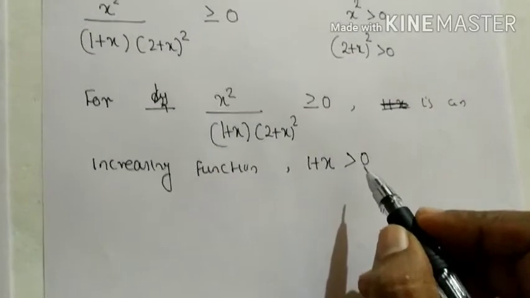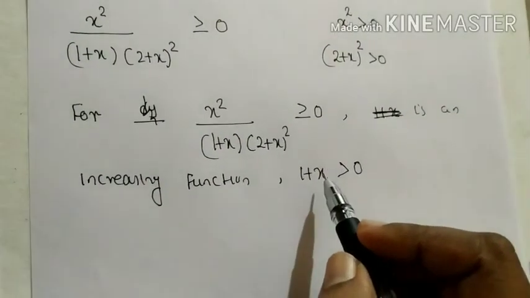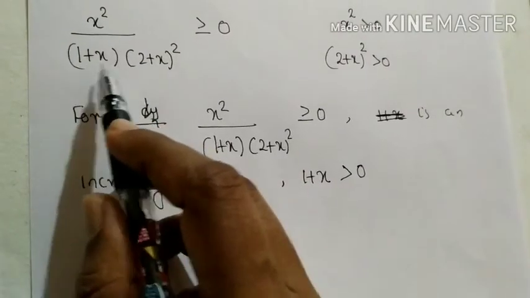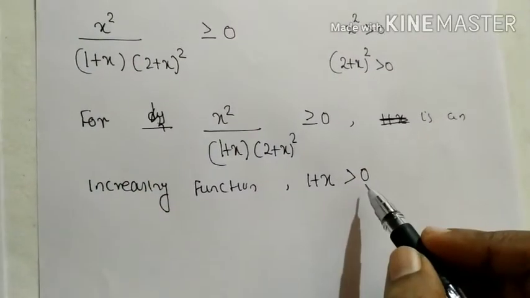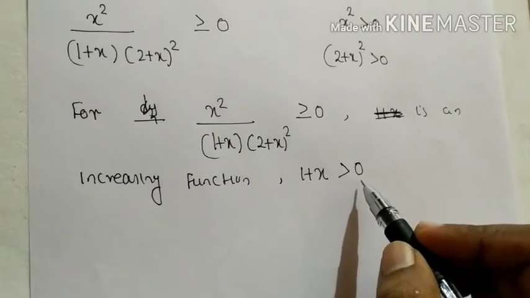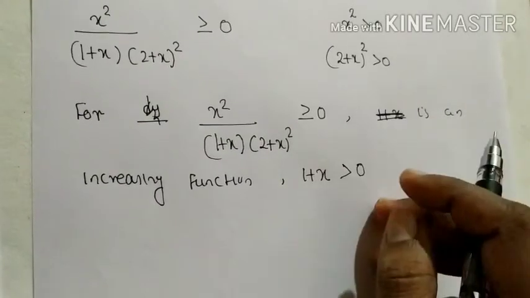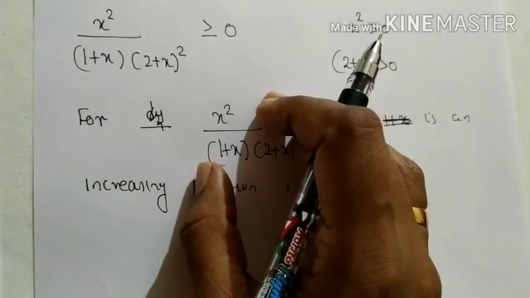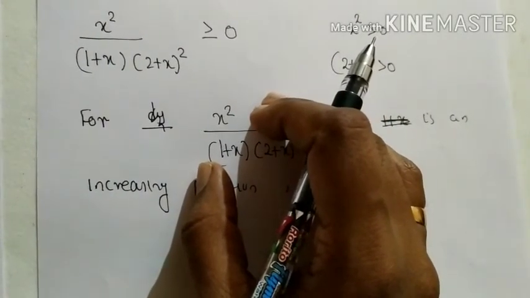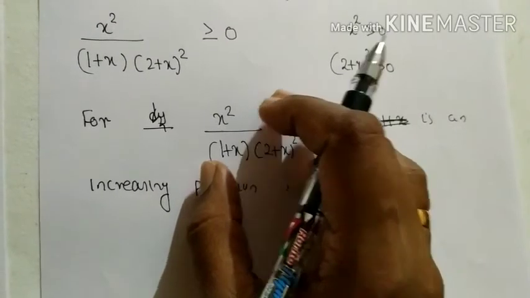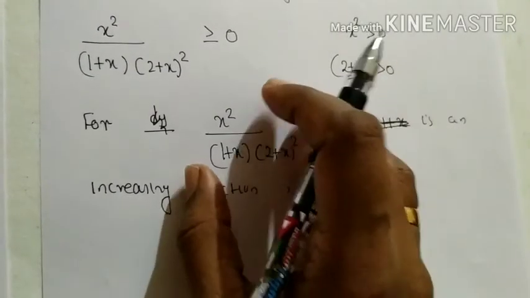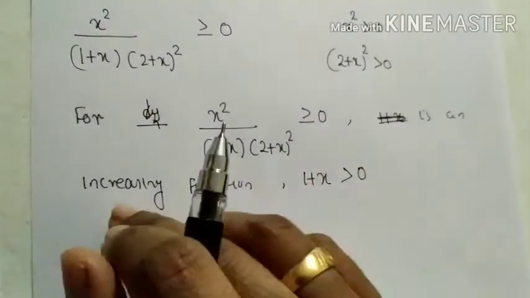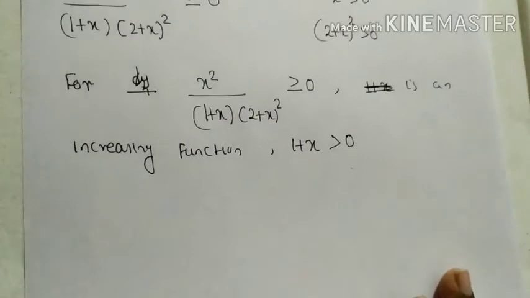So we can notice that this term 1 plus x is greater than 0. That's why the whole derivative will be greater than or equal to 0, or we can say that the derivative of the function is greater than or equal to 0, so our function is an increasing function.